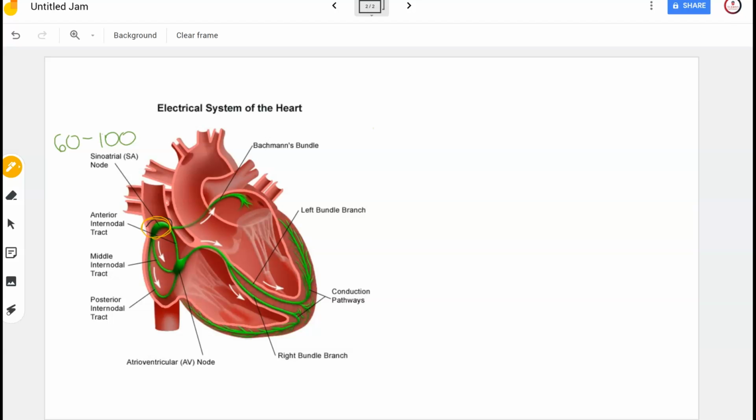So the electric goes from the SA node down into the different tracts within the atria. We call those the intra-atrial pathways. You don't need to know the specific names of the bundles or anything like that. And it depolarizes the atria.